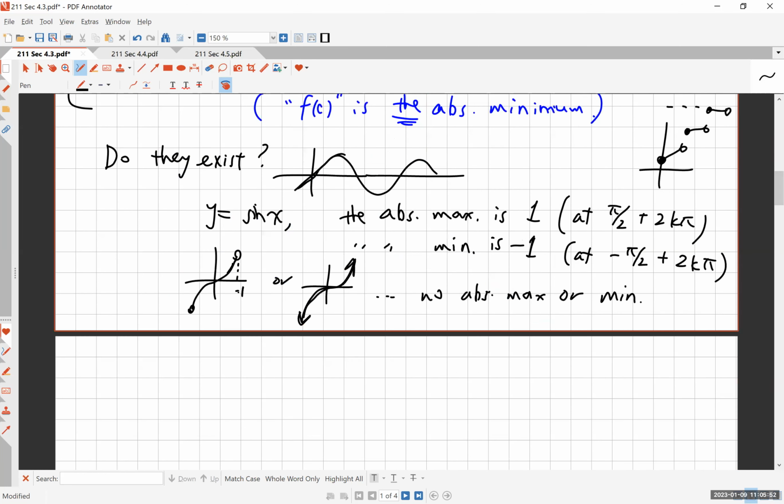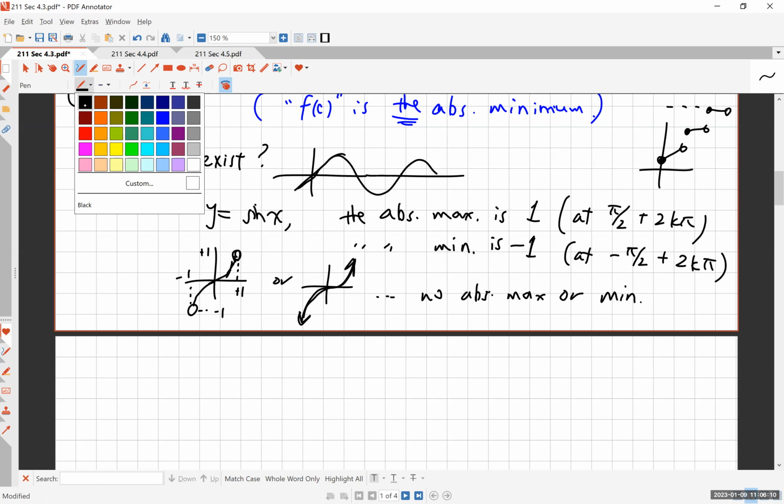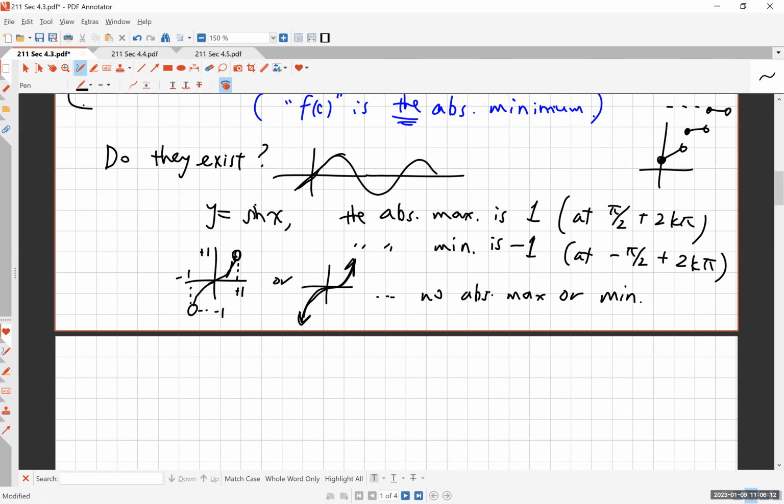Remember, at this point, both endpoints are not a part of the graph. That's why the point is missing, right? There's no absolute maximum or minimum, even though it gets closer and closer to 1. So again, those points, whether they are closed or open, make a huge difference. Okay, so keep that in mind as we go into the more advanced ideas of these, and we will decide how to find these.